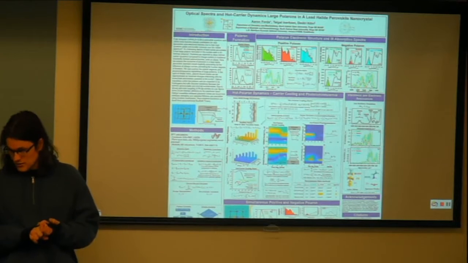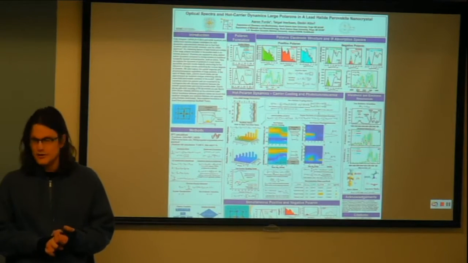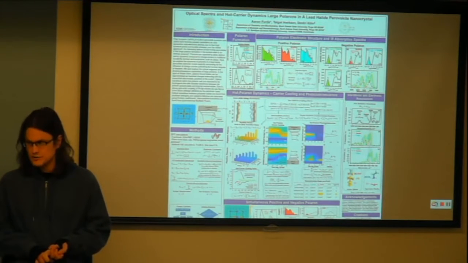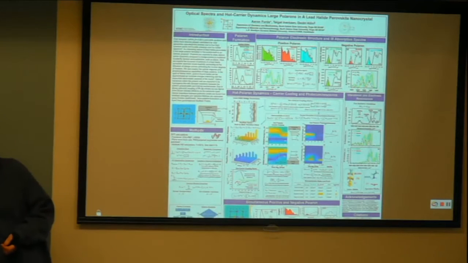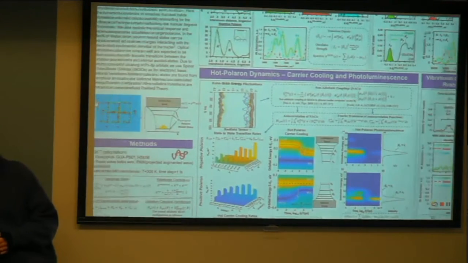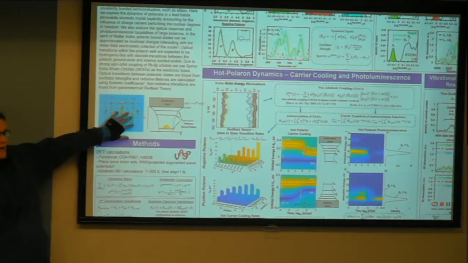And a lot of the peculiar properties of charge carriers in lead halide perovskites have been attributed to polaron formation in these materials. So to describe polaron formation, you imagine, this is our lead halide perovskite model.